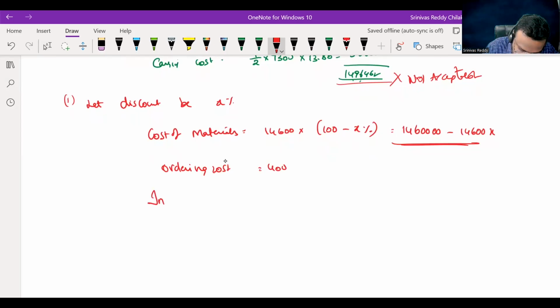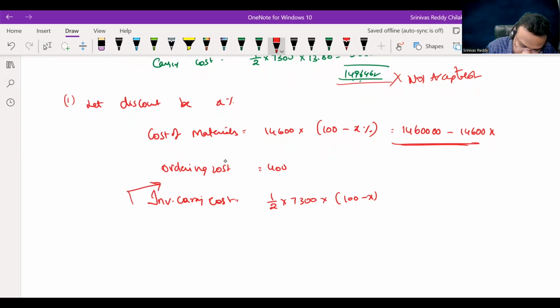Now my inventory carrying cost is half of 7,300 into the cost here, 100 minus X. What is my inventory carrying cost per unit per annum?